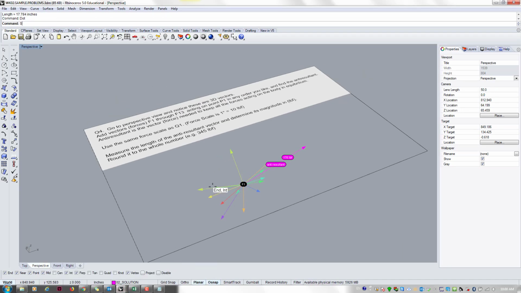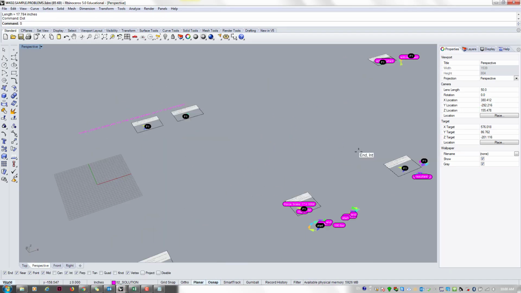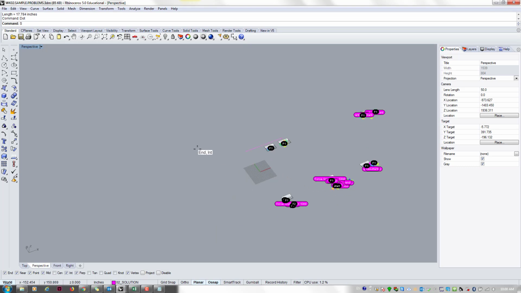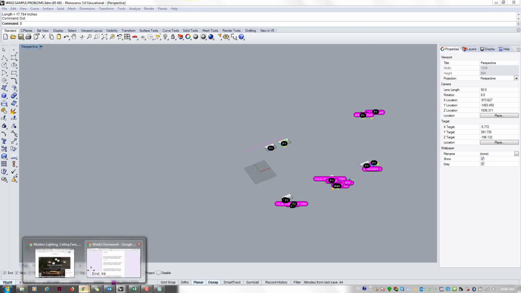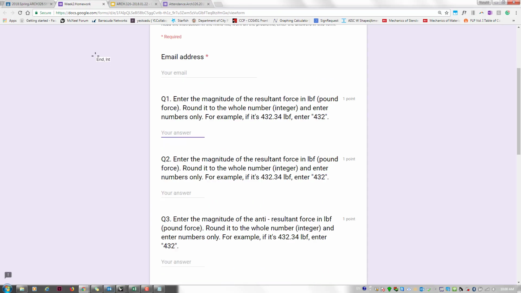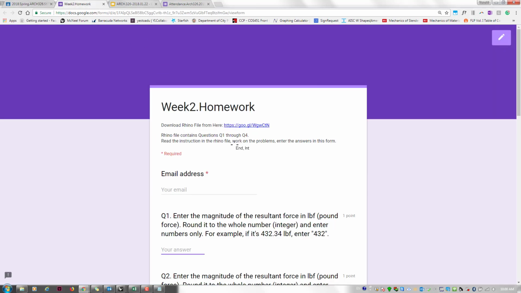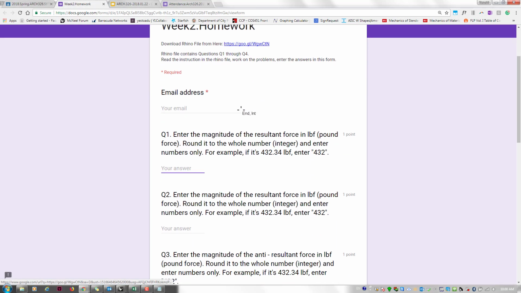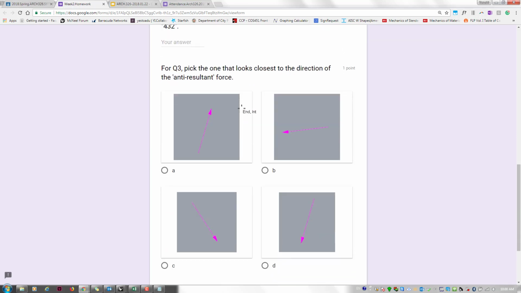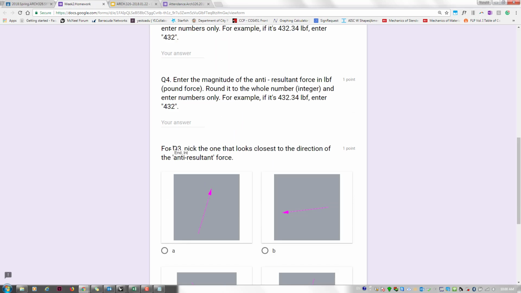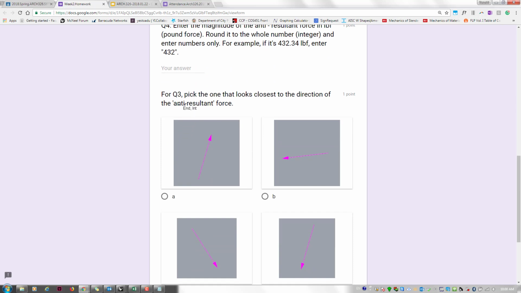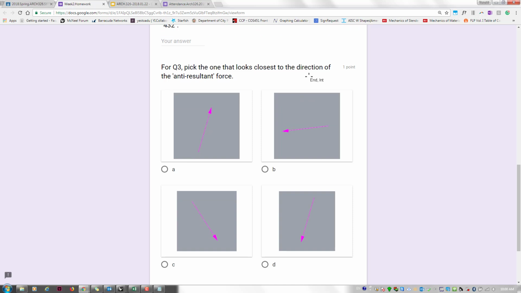Now you've seen how this is done, so I recommend you go to the homework and download the file. There's also one other question about Q3: pick the one that looks closest to the direction of the anti-resultant force. Actually, direction and sense.